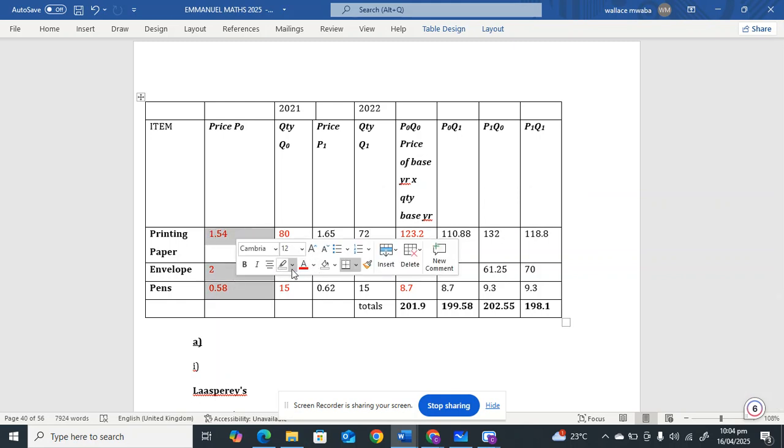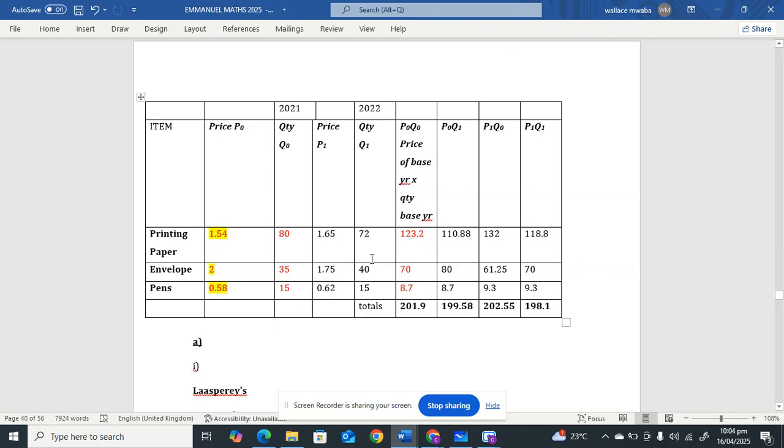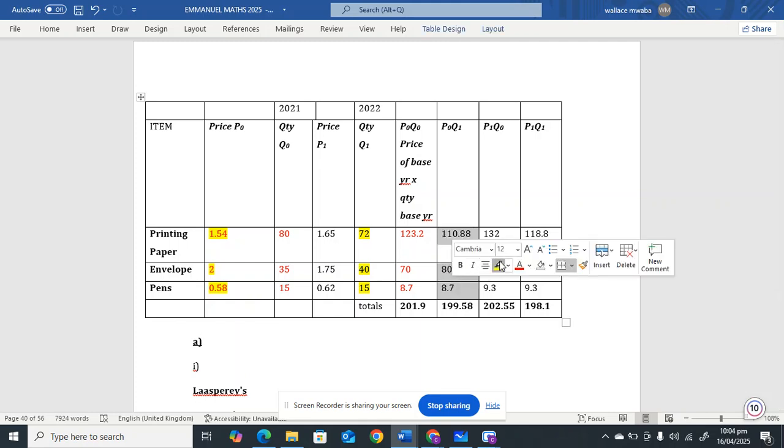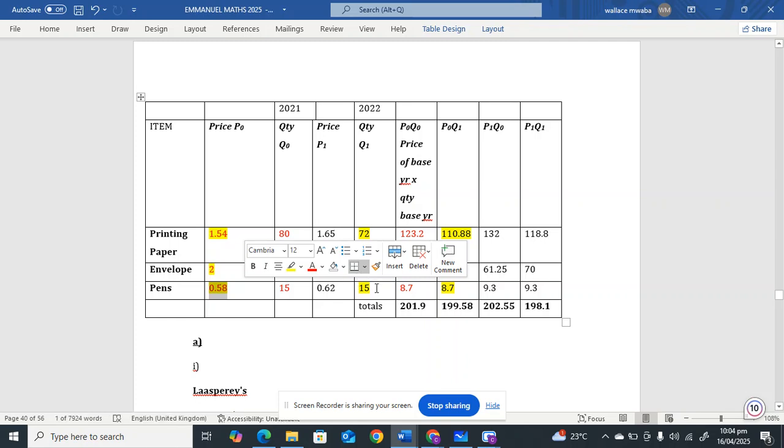Let me highlight them in yellow so that we see what we do. Okay. 2 times 40, 80. Okay. 0.58 times 15. Okay, you total them up. 110.88 plus 80 plus 8.7.